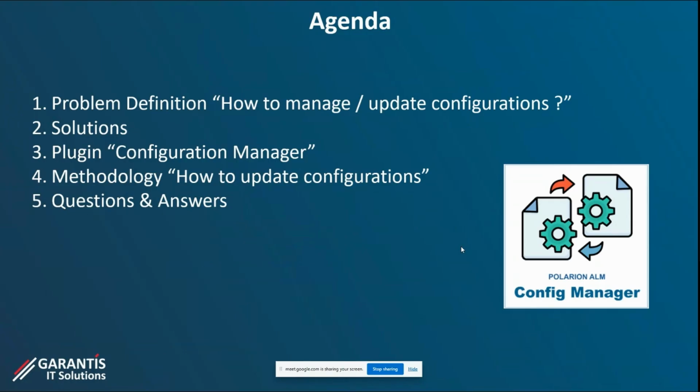We will use API functions to read the files, compare the files using Java, and then commit also using API functions of Polarion and SVN. We also provide a methodology, so how to update configurations. It's the project itself, a project called Config Manager. We will look at this in a moment, and you can ask me questions anytime.